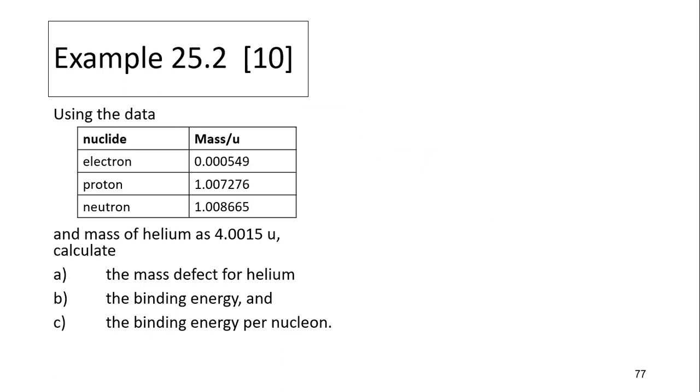Okay, number 10, you can calculate it for me. Calculate the mass defect. Don't bother about the electron. There are 2 protons in helium and 2 neutrons in helium. So calculate the total mass of protons, the total mass of neutrons, then subtract the mass of the helium nucleus.